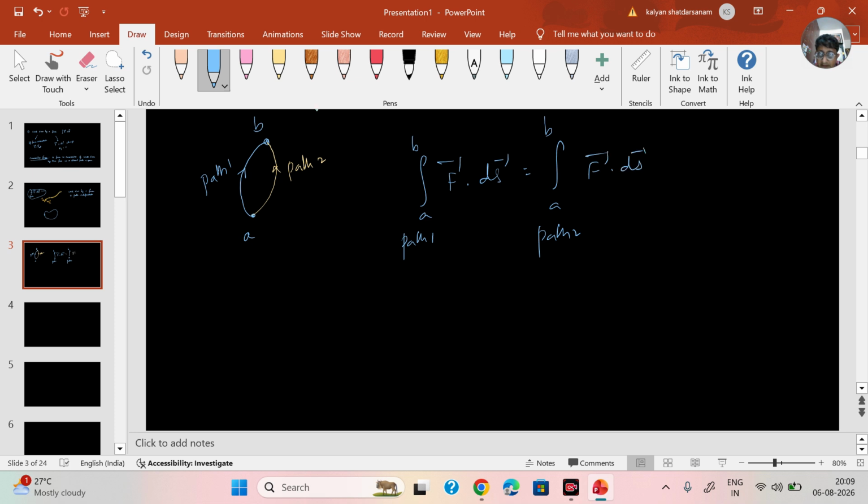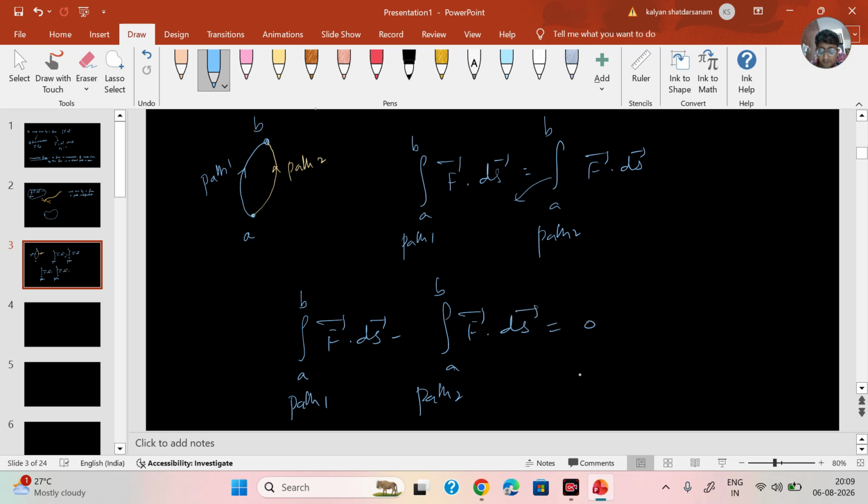Suppose I accept this. So work done in path 1 and work done in path 2 are the same. From here I can prove that work done in a closed path will be 0. How? I'll bring this term to the left-hand side. So I have integral A to B along path 1 of f dot ds minus integral A to B along path 2 of f dot ds is 0.